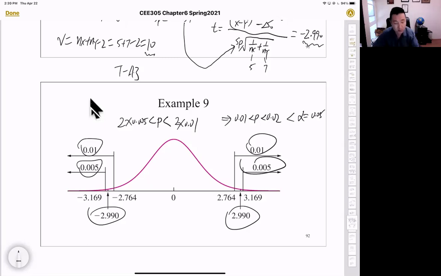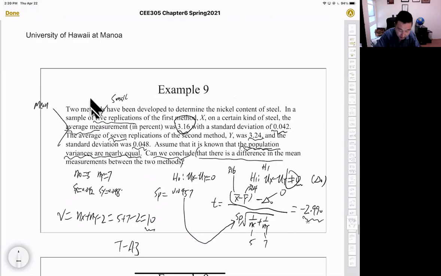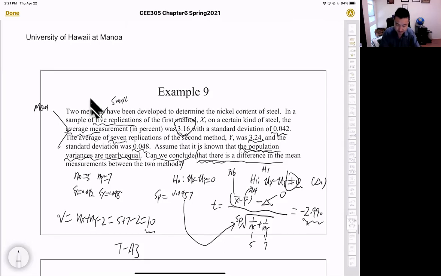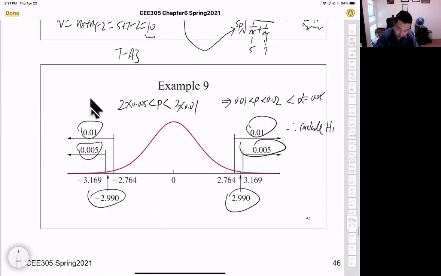So still we can reject H0 and conclude H1 is true. We can conclude that there's difference in the mean measurement between the two methods, or H1 is true.